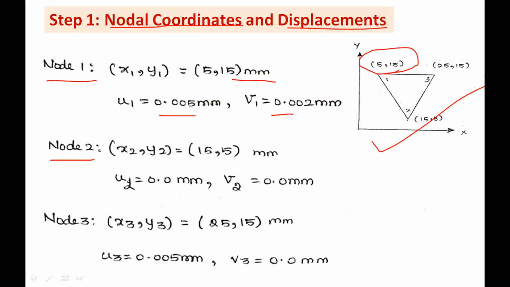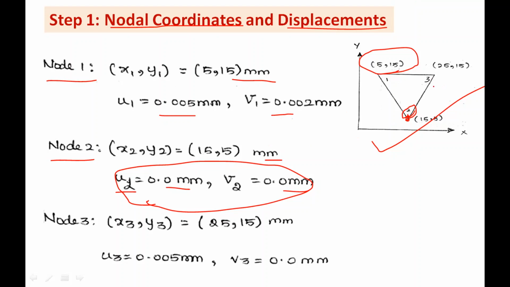Then node 2. Node 2 is this one. Coordinates are 15, 5 mm, and u2 is 0, v2 is 0. How can there be 0 displacement? The node 2 may be a supported node or supported end. For any supported end, we know that the nodal displacement will be 0, 0, right?